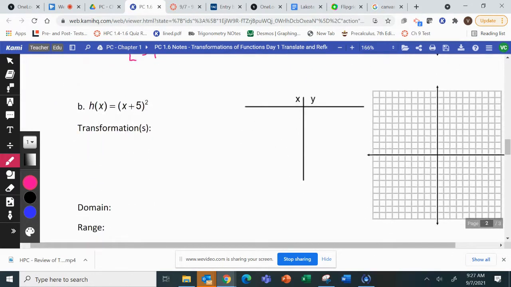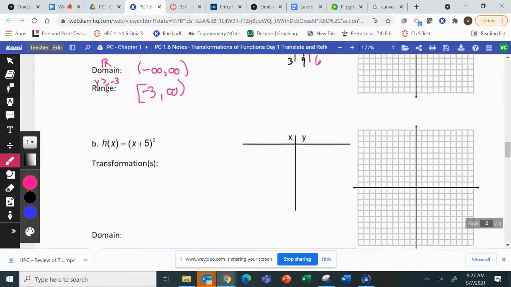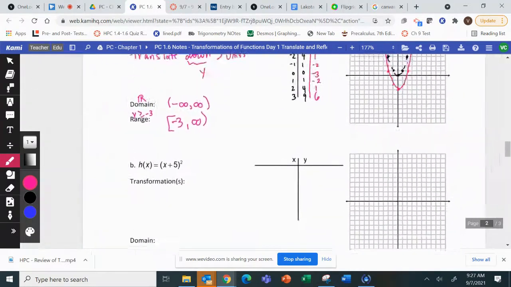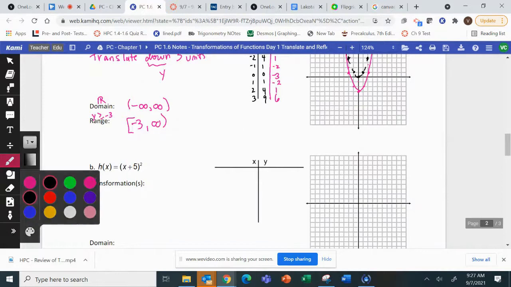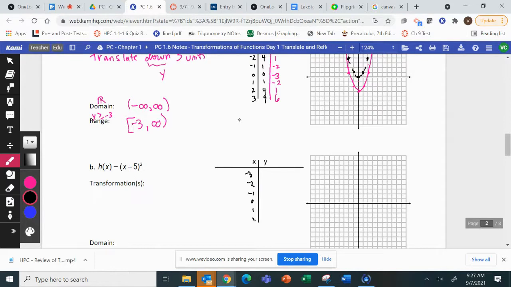Question B. Yep, sorry. I like to go fast. Question B is another parabola. Oh yeah, I'm sorry, what? Set notation, you're using like the variable and you're using like greater than or equal to. Interval notation is saying start at this number, end at this number.